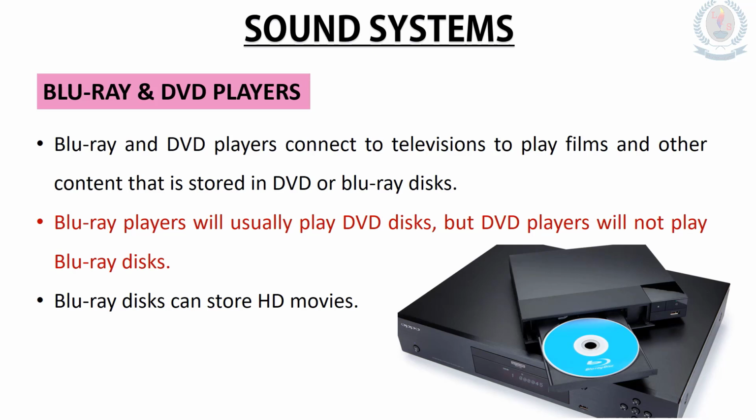Blu-ray and DVD players connect to televisions in order to play films and other content that is stored on DVD or Blu-ray disc. Blu-ray players will usually play DVD disc, but DVD players will not play Blu-ray disc. Blu-ray disc can store HD movies, which have higher quality picture and sound.